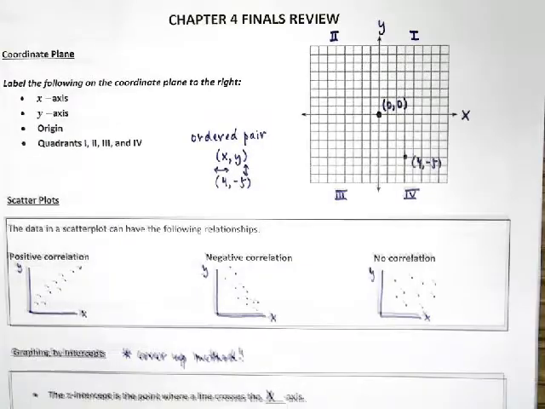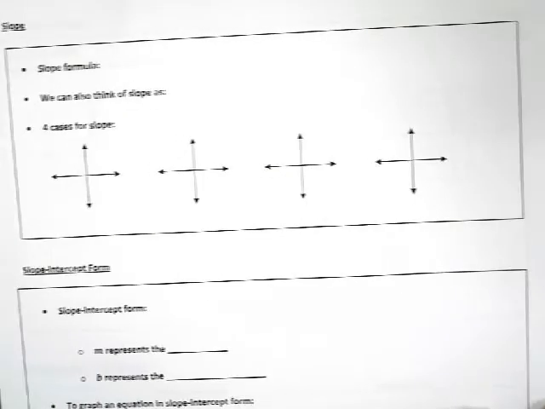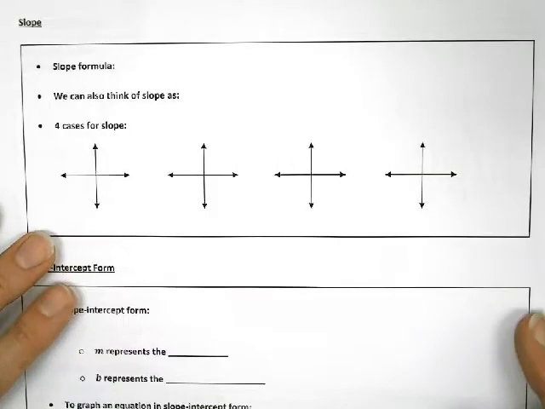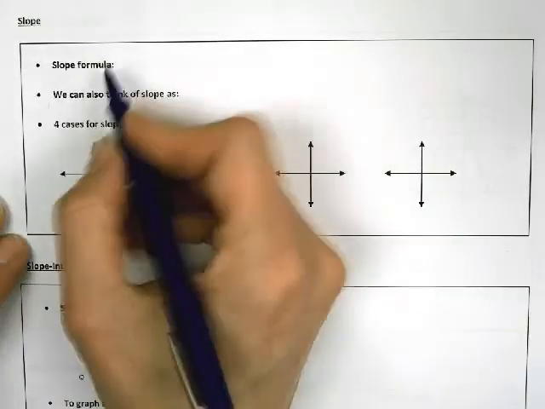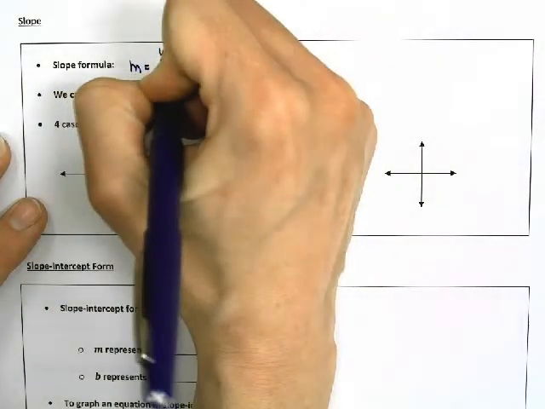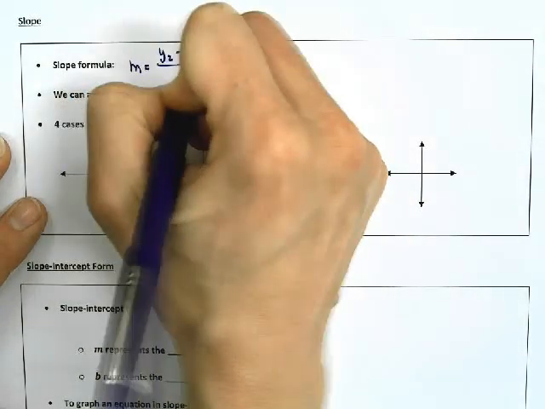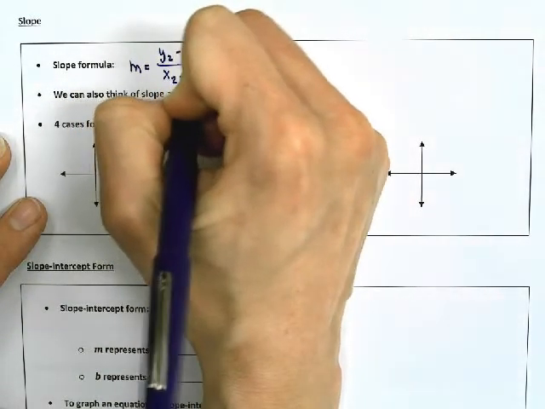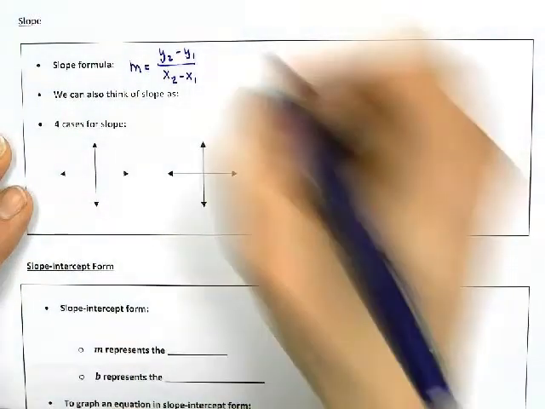All right, moving on. The next thing in this chapter, we talked about slope. Now, there's two things we have to remember here. One is the slope formula. That's our m equals y2 minus y1 over x2 minus x1. Right?